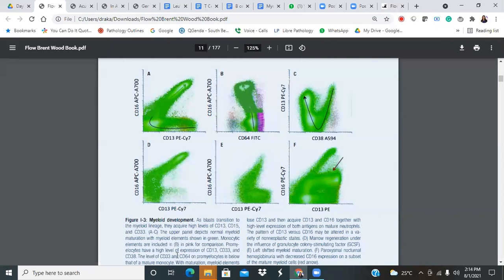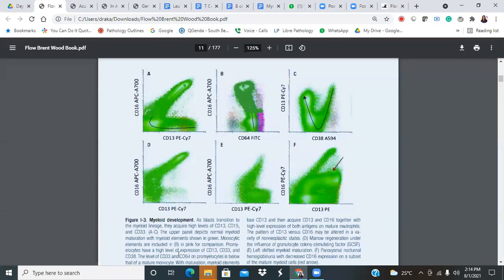Promyelocytes have high expression of CD13, CD33, and CD38. So over here, if you see, this is the promyelocyte expression. There is high CD38, there is high CD13 over here as well. Over here, this is the promyelocyte, with high levels of CD13, CD33, and CD38.